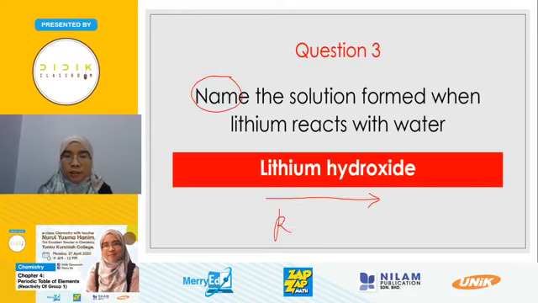Reject if you answer like this, because LiOH is the formula, not the name. So when asked for a name, you have to give the full name of the compound of the solution.